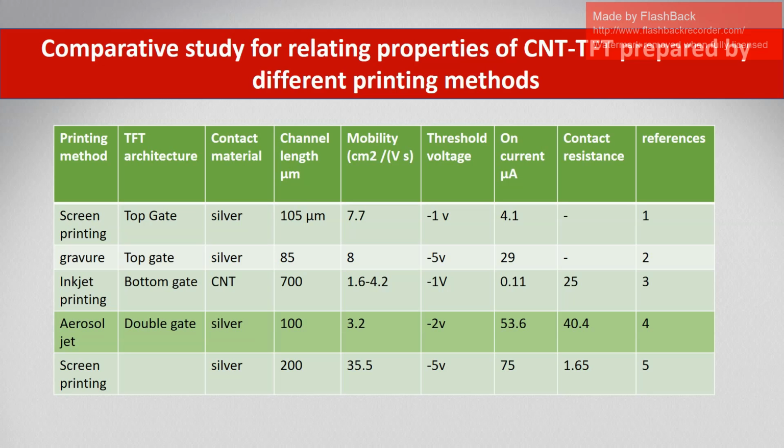In reference 5, they used screen printing with silver contact material and achieved a mobility of 35.5. And when we use aerosol jet printing with a double gate architecture, also with silver as the contact material, they achieved a mobility of around 3.2, and everything was in place.